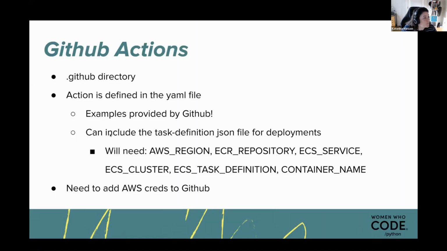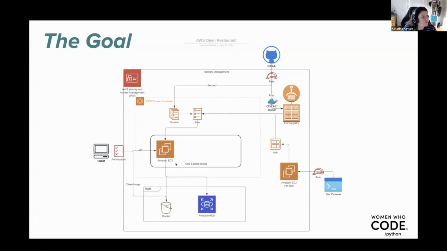I know this is a bit of an eye chart, but this is basically the system that I built. From GitHub, GitHub has role permissions that allow it to create the Docker container, push it to the ECR registry, and then go ahead and kick off a service task.